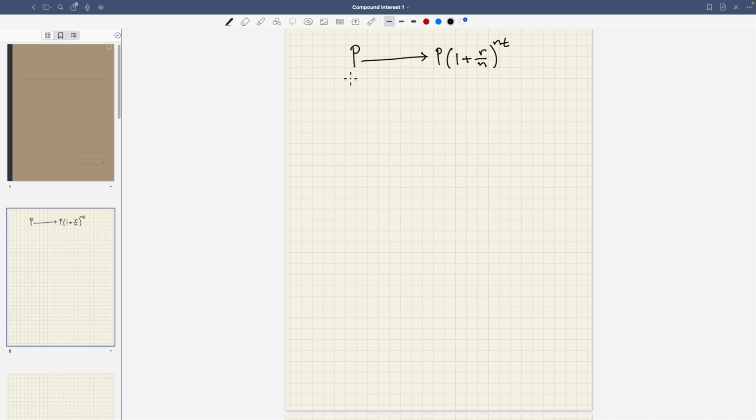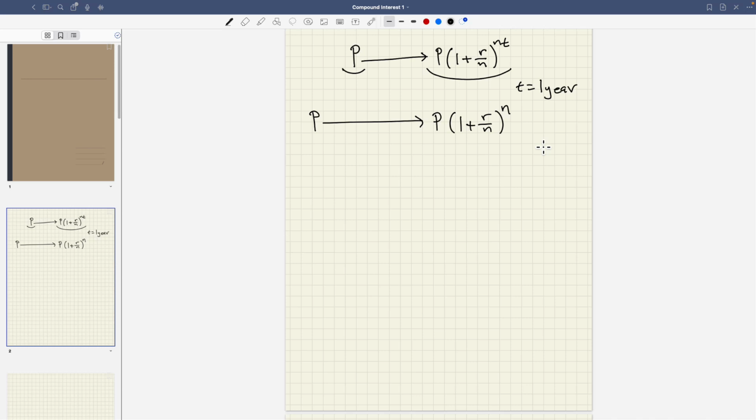So the initial investment P increased by this amount after T years. But let's focus on 1 year for now. So you have an initial investment of P dollars, and after 1 year, you are going to have this amount in the bank or in the CD, if you want to think of it that way. So in this case, T was equal to 1 year because we want to see what the APY means.